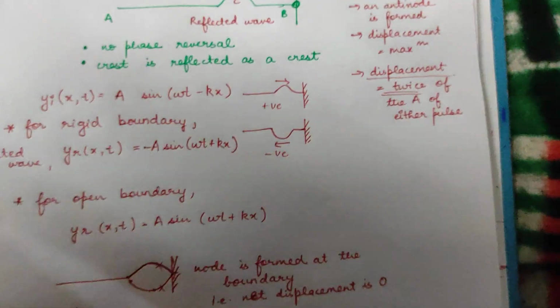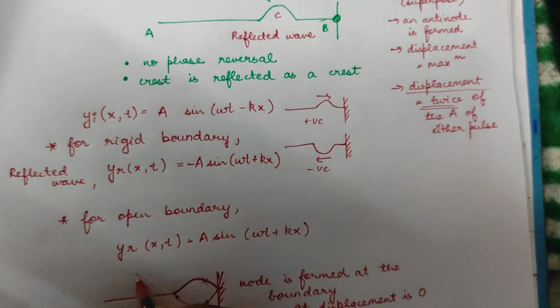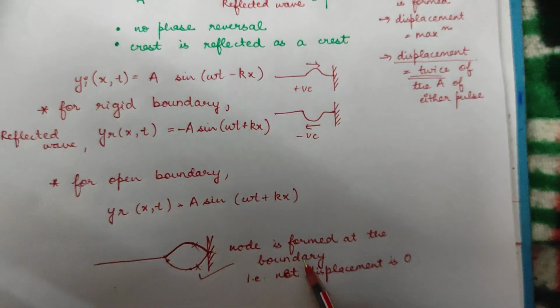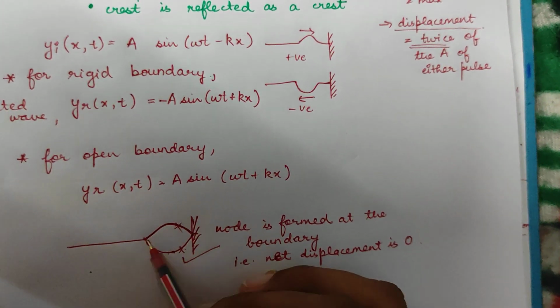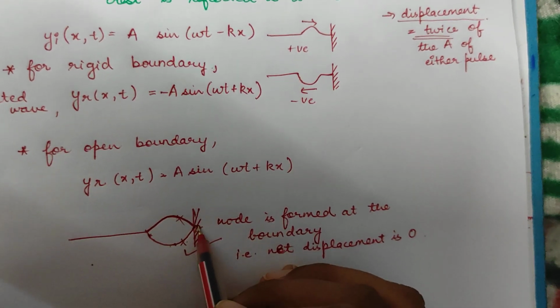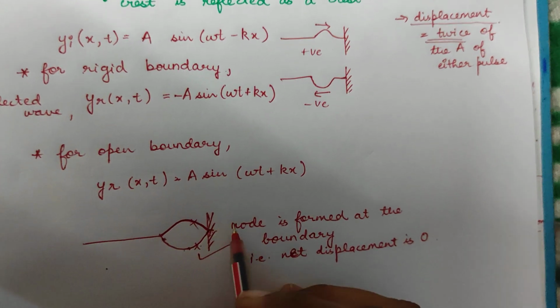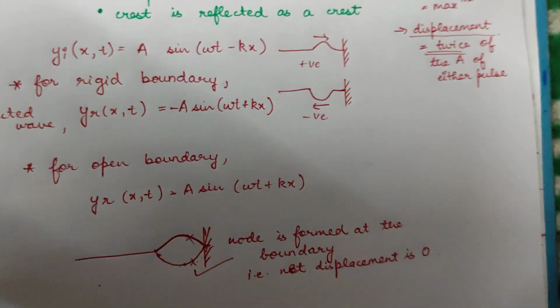Okay, so through this you have seen that for a rigid boundary, a node is formed at the boundary, as due to phase reversal both the wave pulses meet at the fixed boundary, and hence they cancel each other and the net displacement becomes zero.